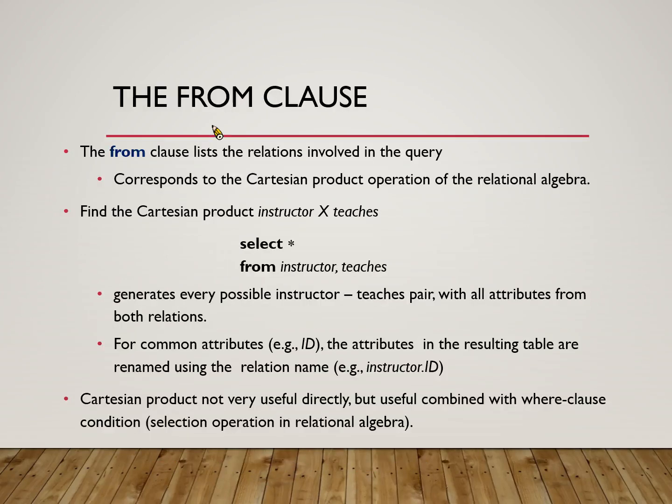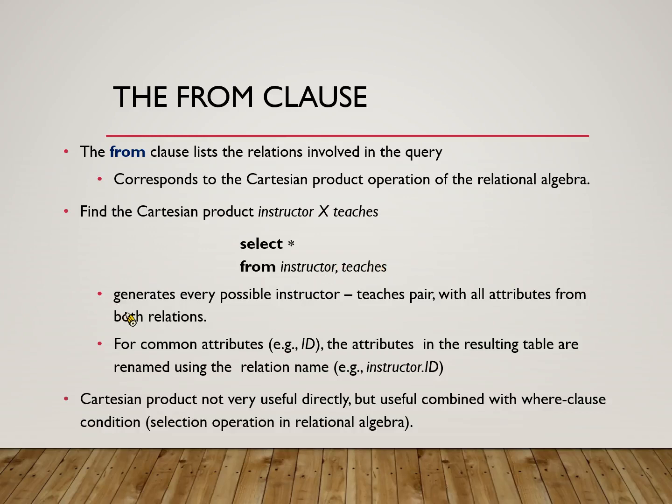And the from clause lists the relations involved in the query. It corresponds to the Cartesian product operation of relational algebra. In this query statement, followed by the keyword from, two relation names are indicated. It also means we want the result of the Cartesian product.